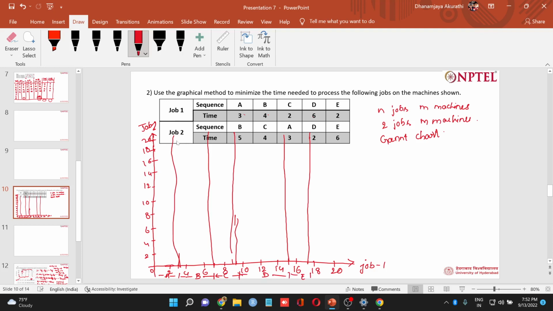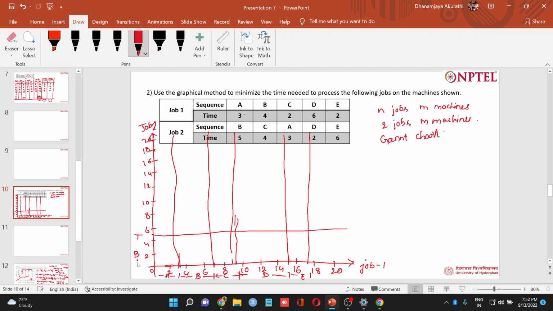Similarly, we have to mark job 2's values for each machine. First we do the process on machine B only, which takes 5 hours of time. So I mark it here.